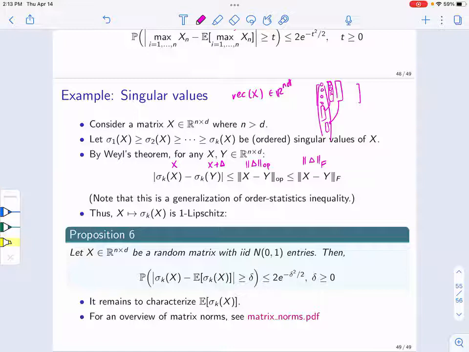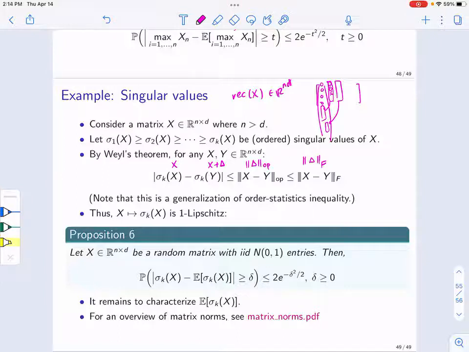So this singular value is a function of that giant vector in a complicated fashion. As a function of that vector, the outcome is controlled by the difference of those vectors.